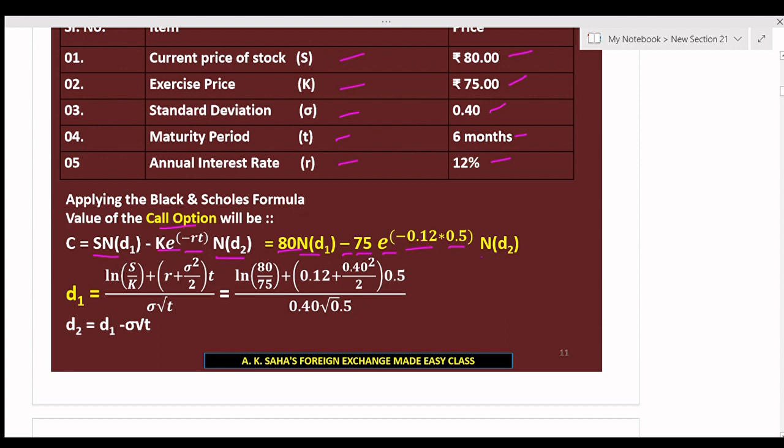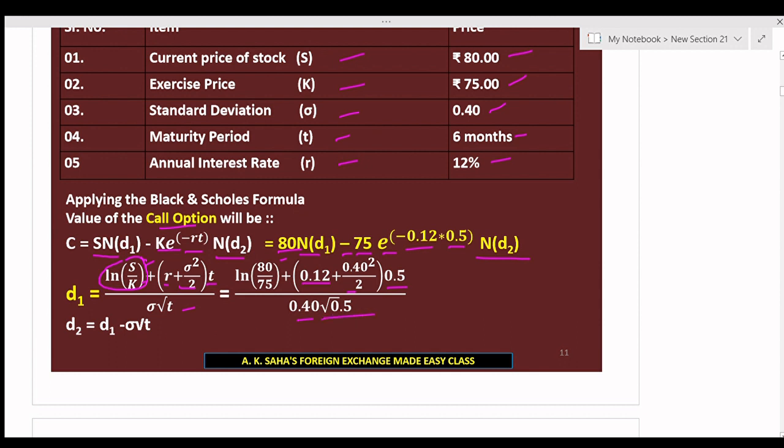into N D2. And D1 is calculated from the formula ln natural log into S by K, stock price by strike price, plus R plus sigma square by 2 into T, divided by sigma into root T, is equal to ln 80 by 75 plus 0.12 plus 0.4 square by 2 into 0.5, divided by 0.4 into root 0.5.